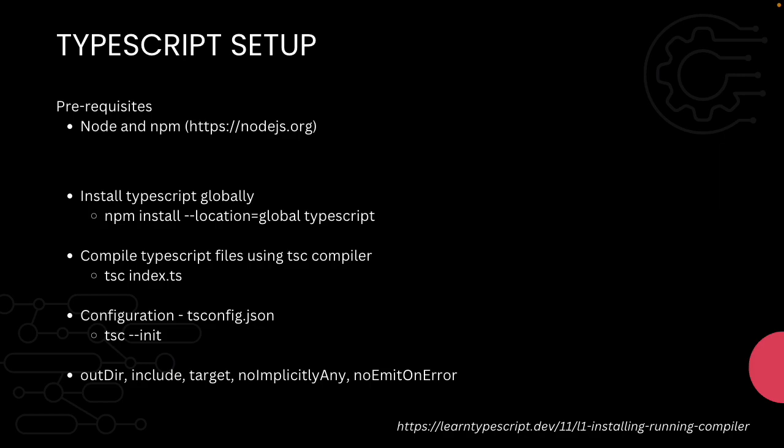Once you install TypeScript, the browsers or Node, none of these automatically understand TypeScript. They only understand JavaScript. This is where the TypeScript compiler comes in. It takes your TypeScript file and compiles it into equivalent JavaScript code. That JavaScript file is what is understood by the browser or Node.